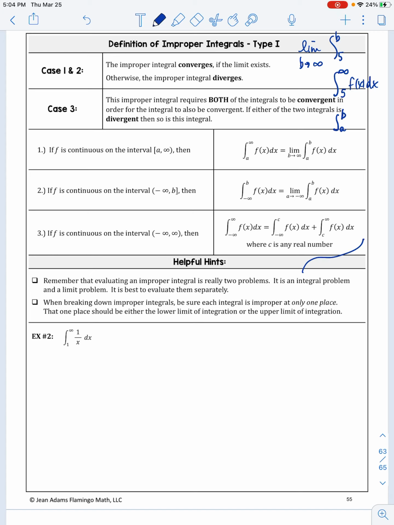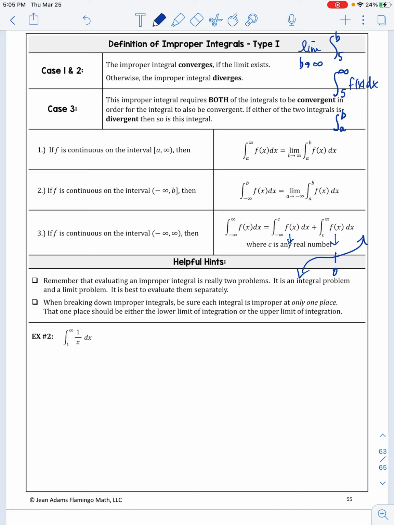If you've got a function that's continuous from negative infinity to positive infinity, midway through is like 0, but you could choose any value c. C can be any real number. You're just going to say, I'm going to take negative infinity to this real number, f of x dx, plus that number to infinity. Together that will give you the integral from negative infinity to infinity. Now, of course, these need to be changed to limit problems, because the first one has a negative infinity and the second one has an infinity.